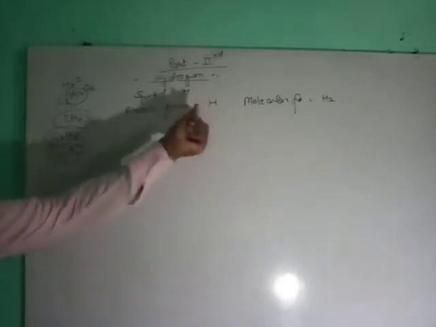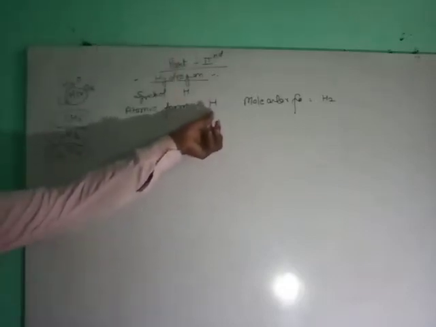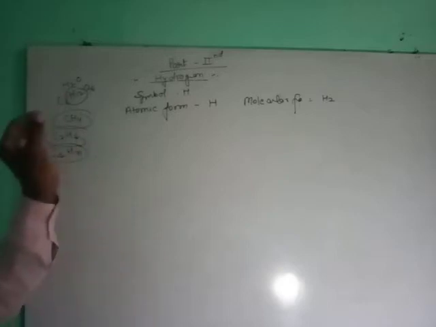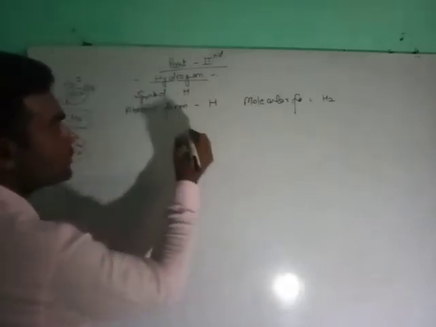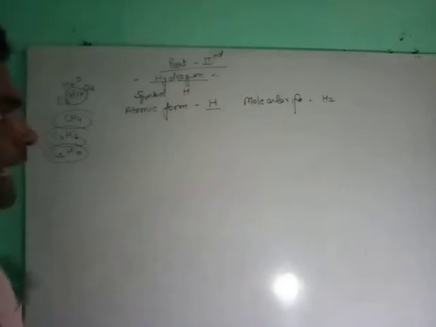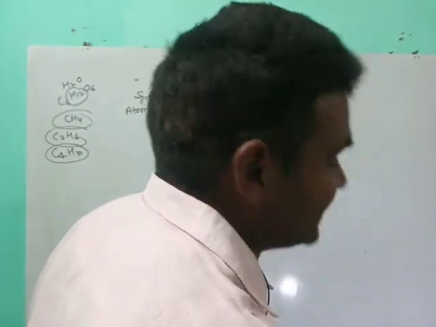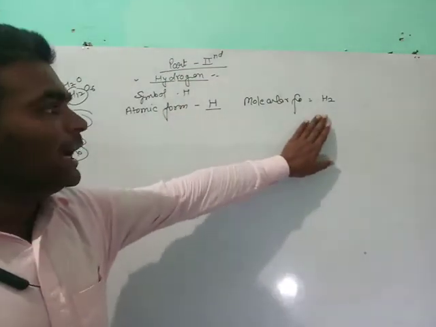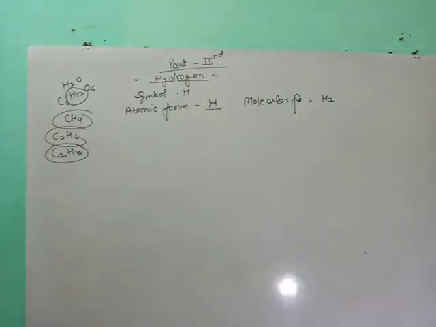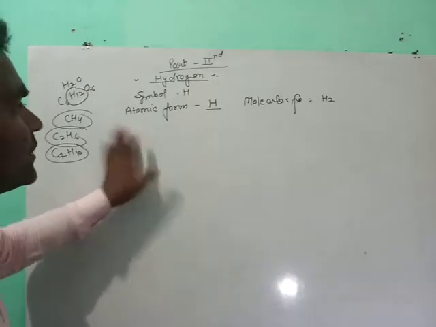If anyone asks you the formula of a hydrogen atom, we reply only H. And if anyone asks you the molecular formula of hydrogen, it is right to write H2. So H2 is the molecular formula, and H is the atomic formula of hydrogen.